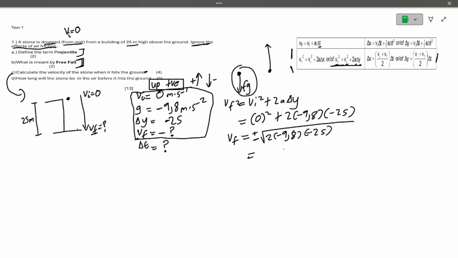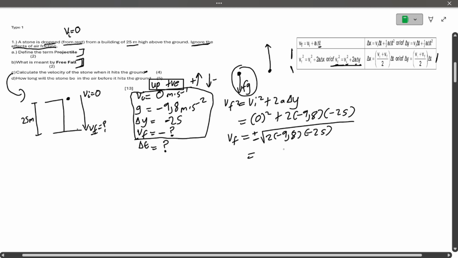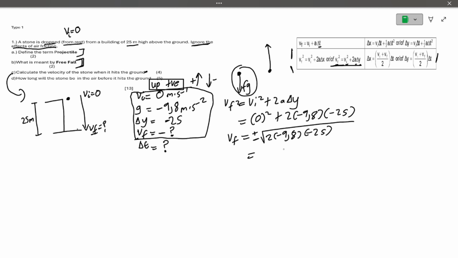So, and then 2 into negative 9.8 into negative 25. Okay, so here we must note the sign. Up is positive, down is negative. Final velocity will be going down, so meaning that it's gonna be negative.